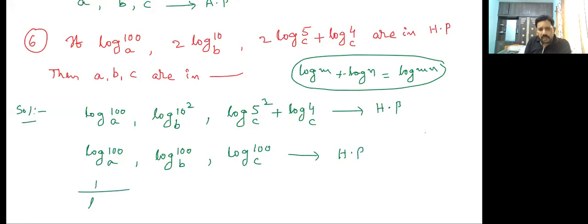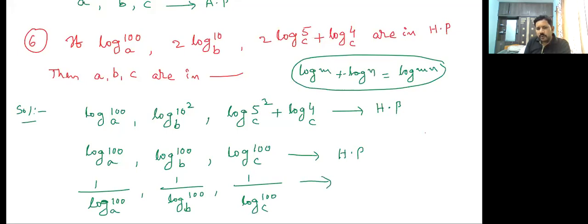1 by log 100 to the base A, comma, 1 by log 100 to the base B, comma, 1 by log 100 to the base C. HP terms, when we write the reciprocal, it becomes AP, arithmetic progression.